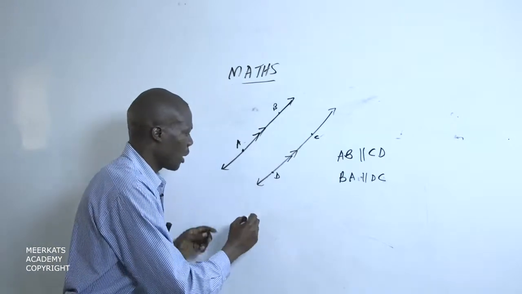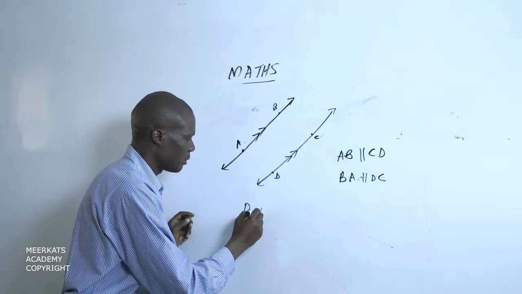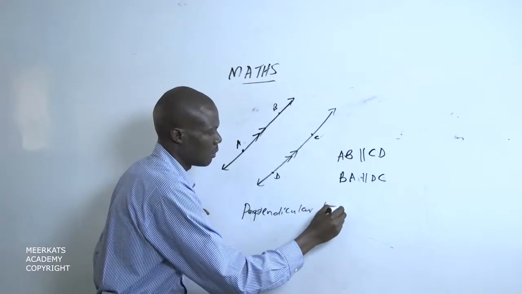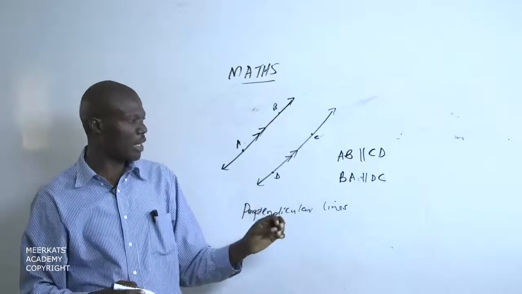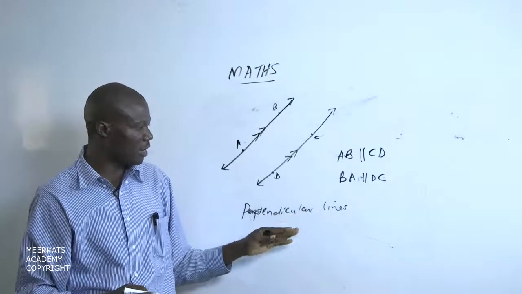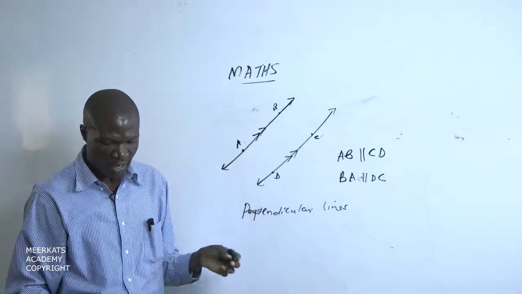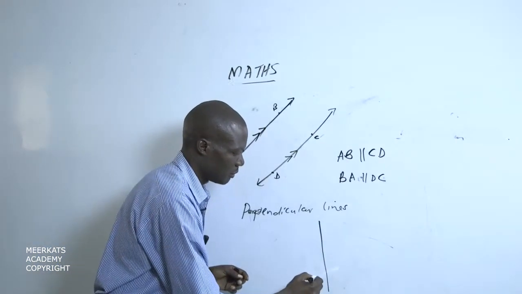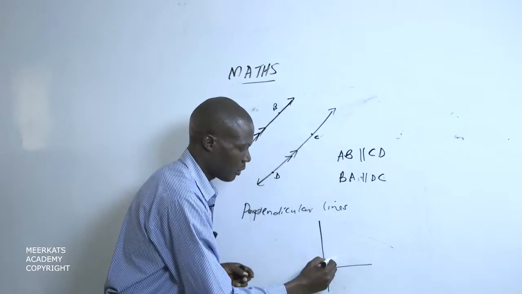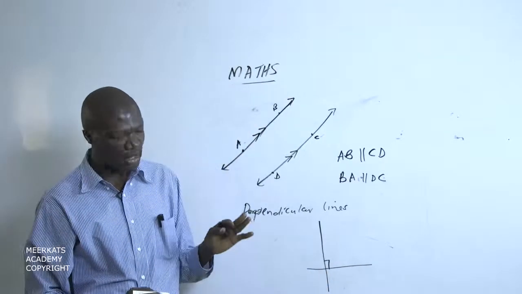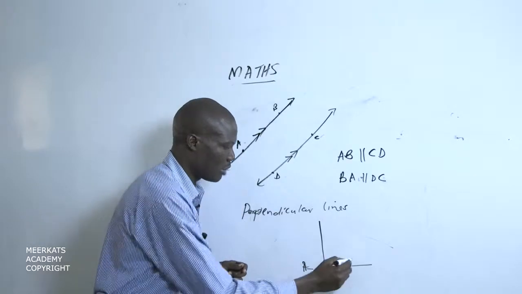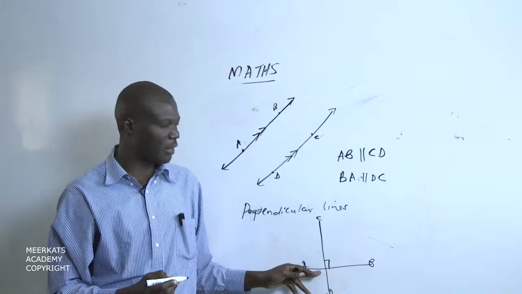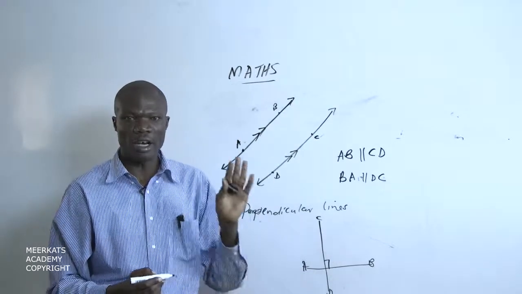We have perpendicular lines, and to denote perpendicular lines, we need to understand what perpendicular lines are. These are lines which intersect at 90 degrees. When we have line AB and line CD meeting at 90 degrees, we say that the two lines are perpendicular.